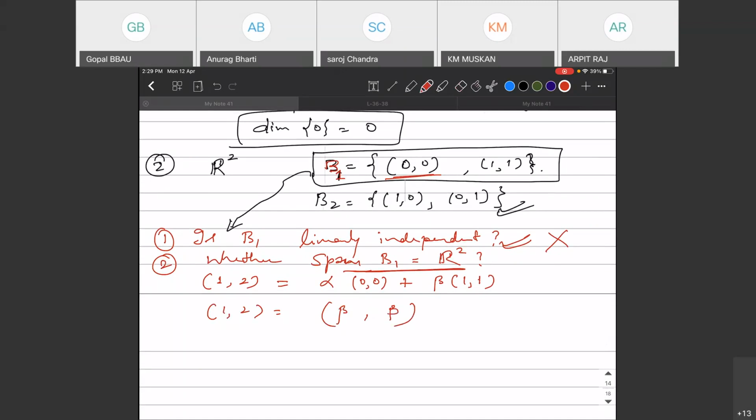So beta equals 1 and beta equals 2, which gives 1 equal to 2, which is absurd, not true. So this does not span R2. So this candidate is not a good choice for basis. So B1 is not a basis.